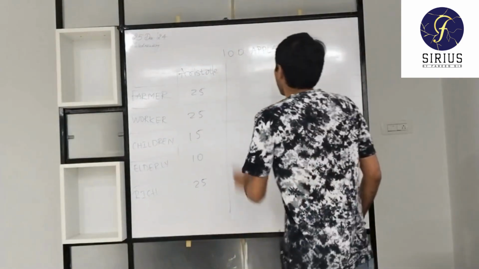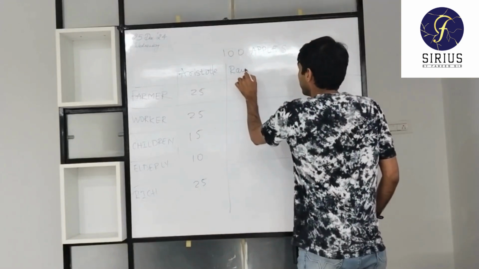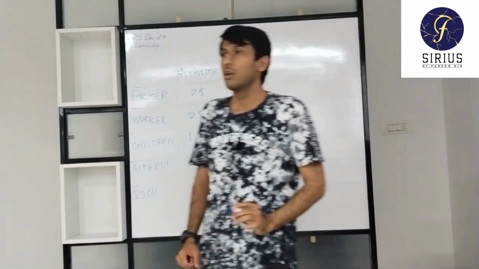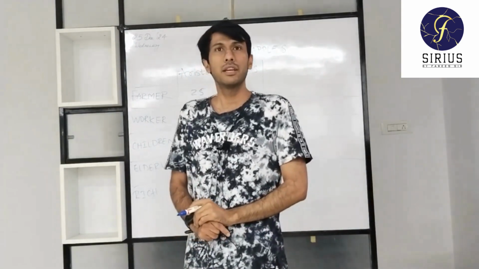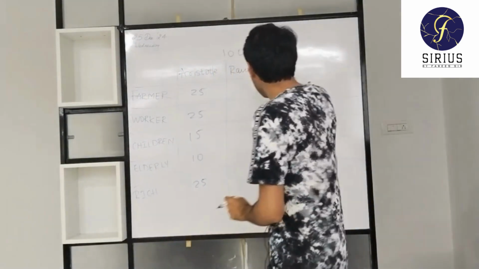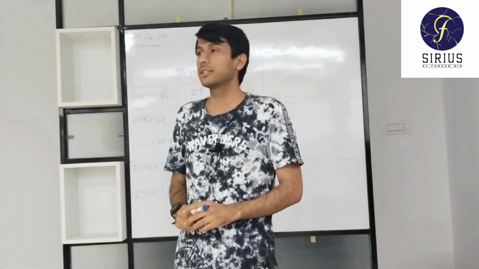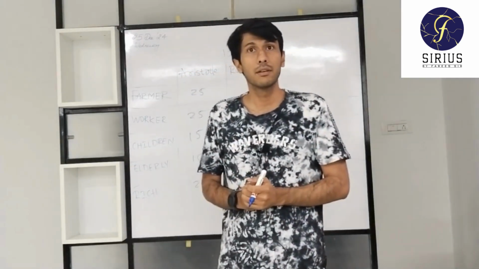Now let's say there is Rawls. You must have read about Rawls' theory of justice. Right? So in the Rawls theory of justice, what Rawls will use to allocate these resources is called the difference principle. Now what does the difference principle say?